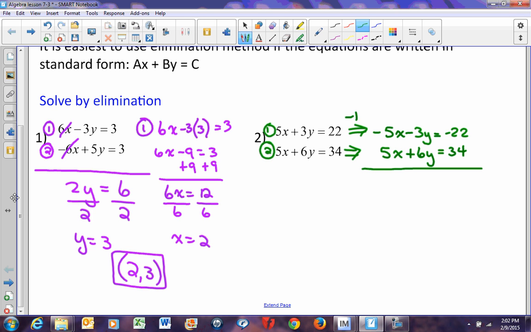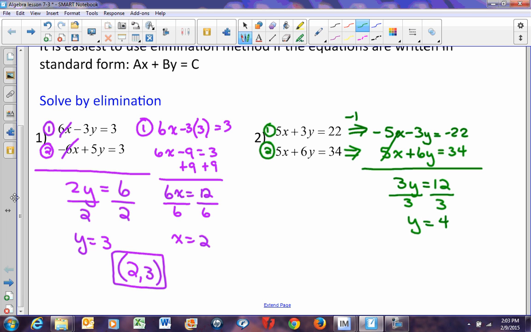Now if I add these two equations together, the 5x's cancel out. Negative 3y plus 6y is 3y. And negative 22 plus 34 is 12. So I have 3y equals 12, divided by 3, y equals 4.